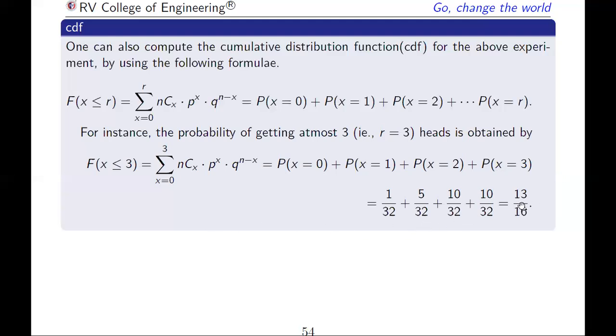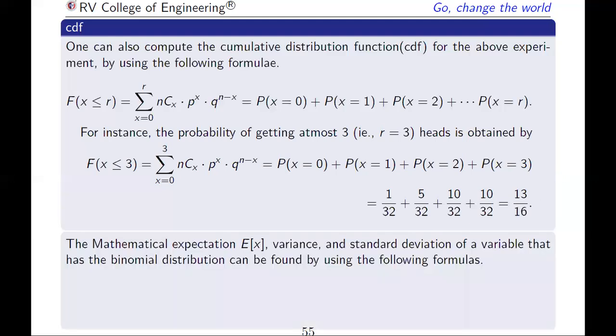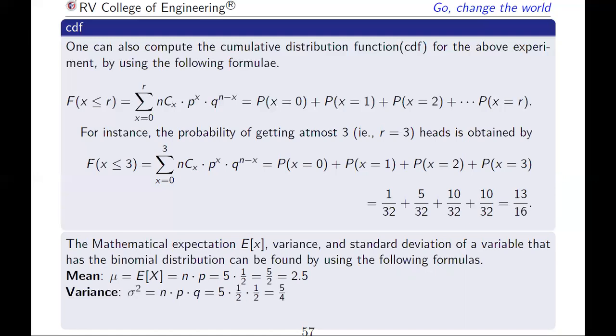So which equals 13 by 16. The mathematical expectation, variance and the standard deviation can also be computed. So we have obtained mean as 2.5, the variance 5 by 4, standard deviation square root of 5 by 4.